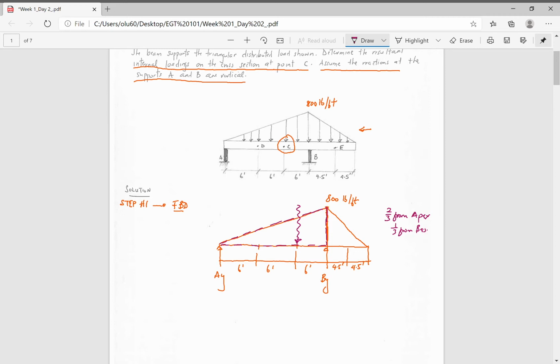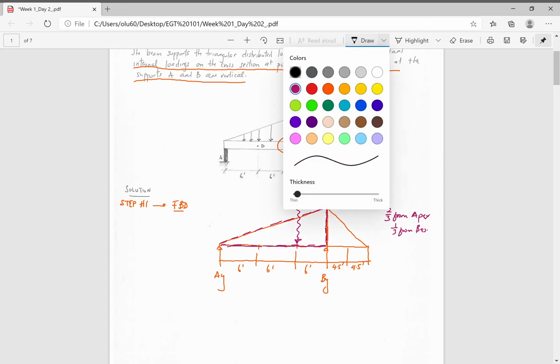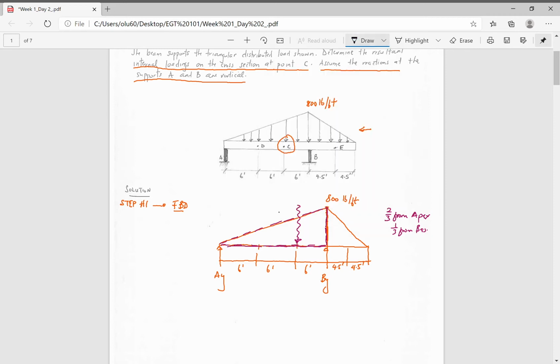Because we're looking at this triangle, it is 1/2 the base, which is 18 feet, times the height, which is 800 pounds per foot, and that value gives us 7,200 pounds.